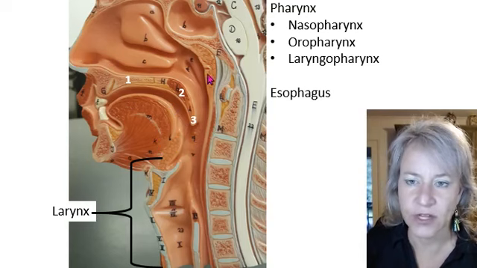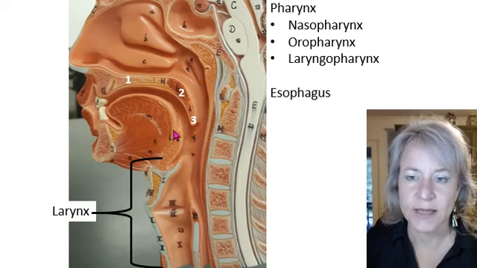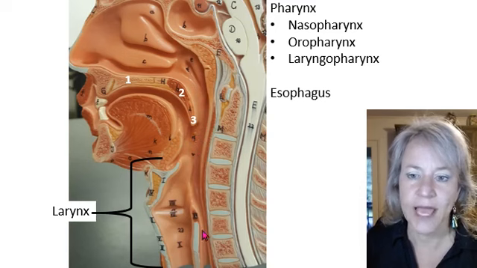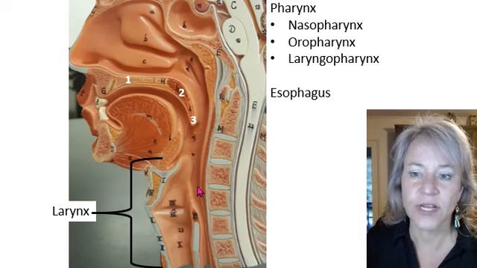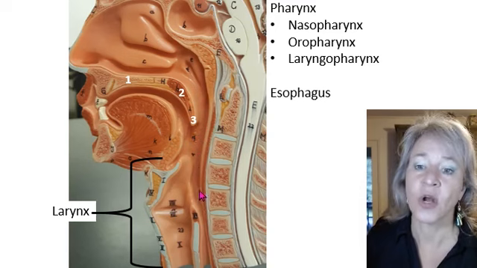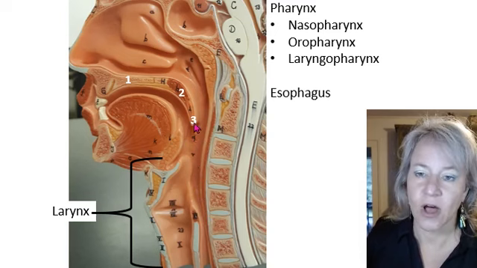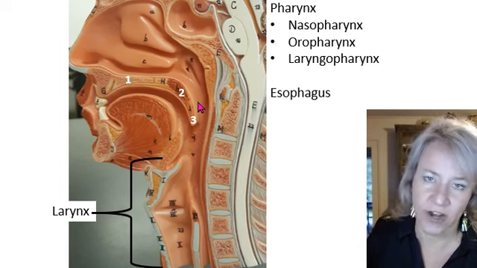So behind the nose, this passageway is the nasopharynx, behind the mouth, the oropharynx, and behind the larynx, the laryngopharynx or laryngeal pharynx. So all of it together is just the pharynx.